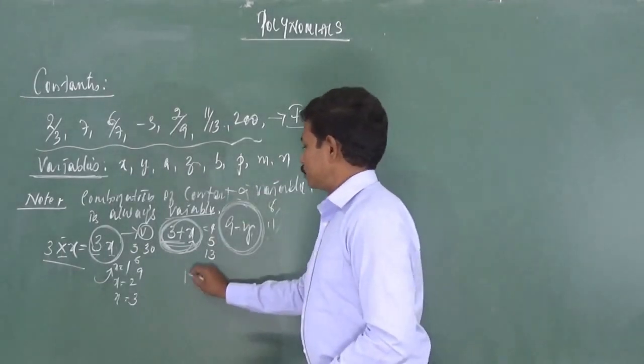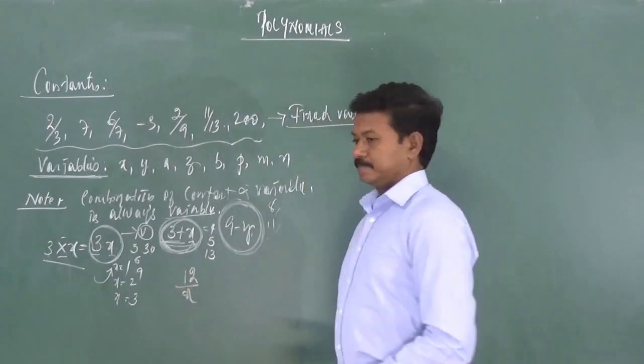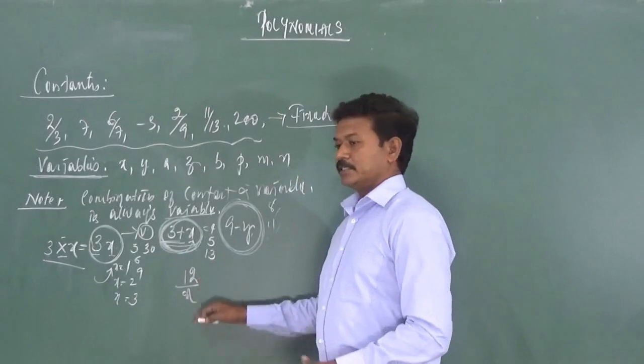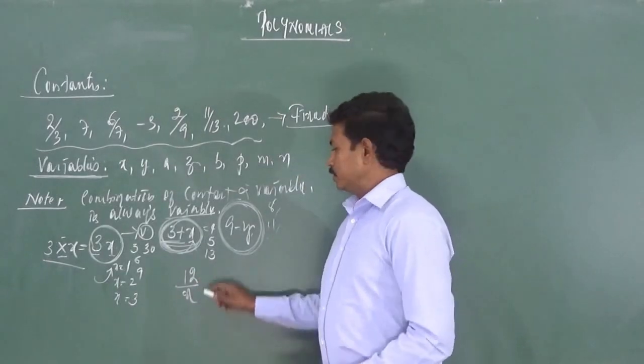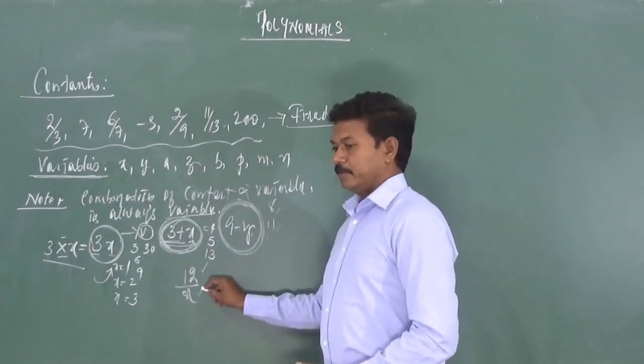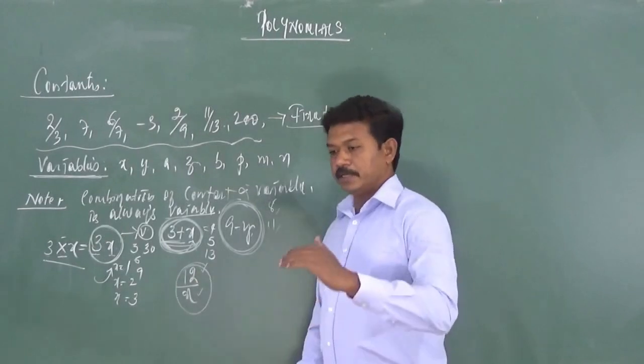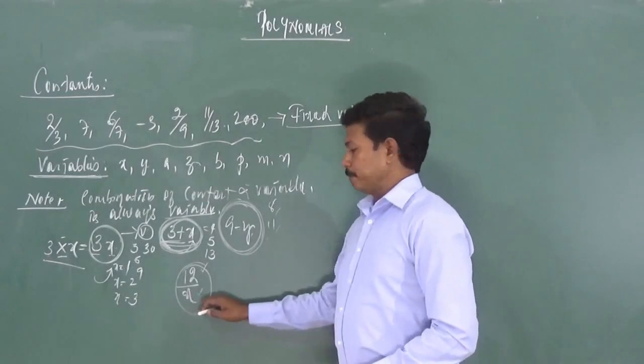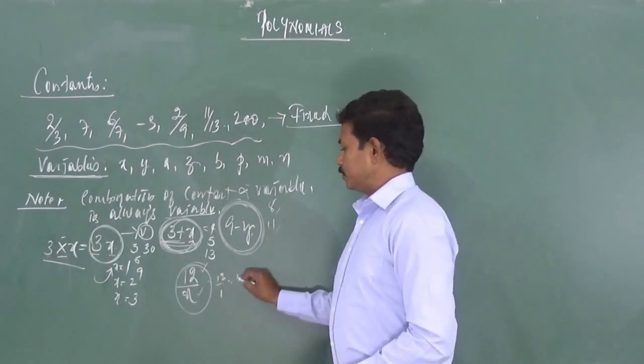For example, 12 by x. Right? So 12 by x, when you divide 12 by x, we get some quotient here. So 12 is a constant, x is a variable. So what is 12 by x? 12 by x is also a variable, because when you give x is equal to 1, that becomes 12 by 1, which is equal to 12.